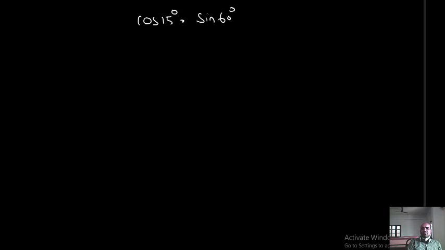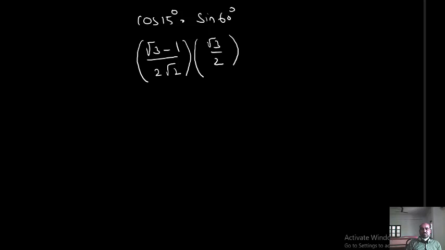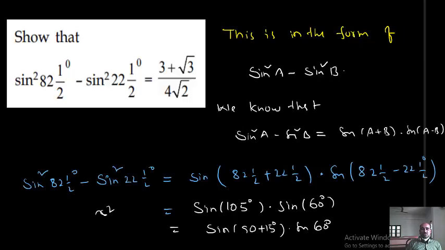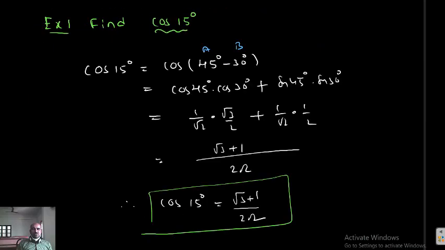Cos 15 degree value is root 3 plus 1 by 2 root 2, already proved, into root 3 by 2.